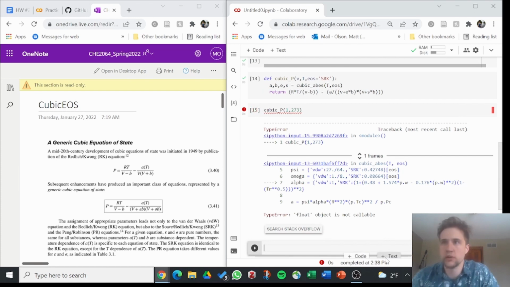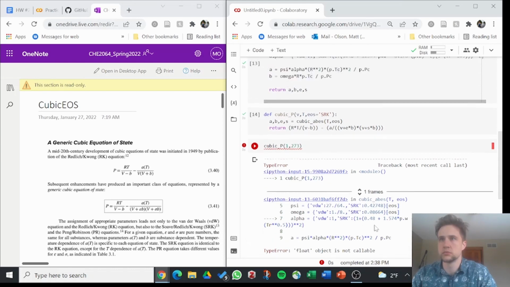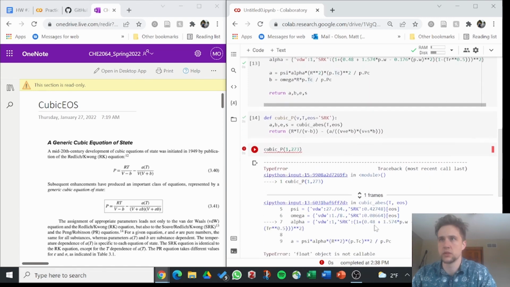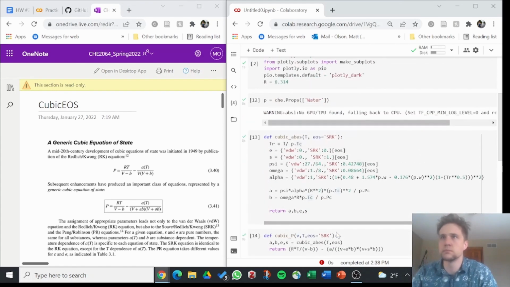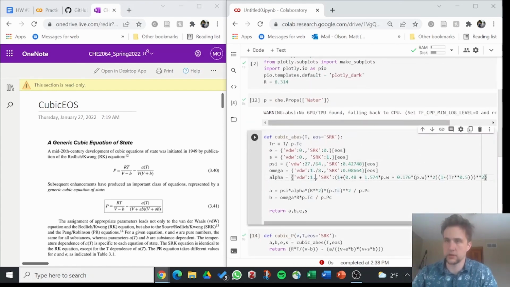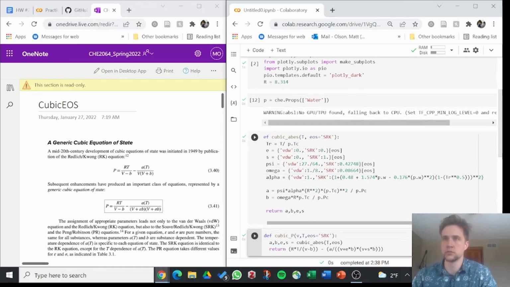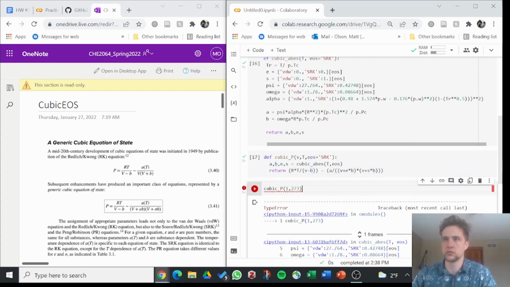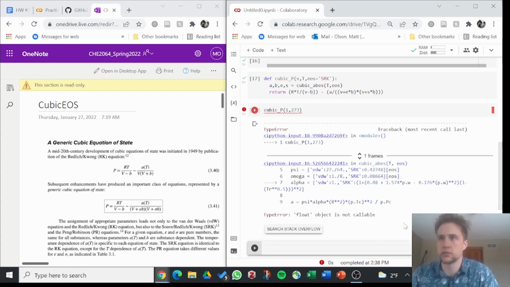and it's still giving an issue. Float object not callable. Okay. So I've got a float object somewhere that's not callable. I'm saying alpha. Let's try and get that period in there. See what that does for us. Let's try this again. Still doesn't like it.